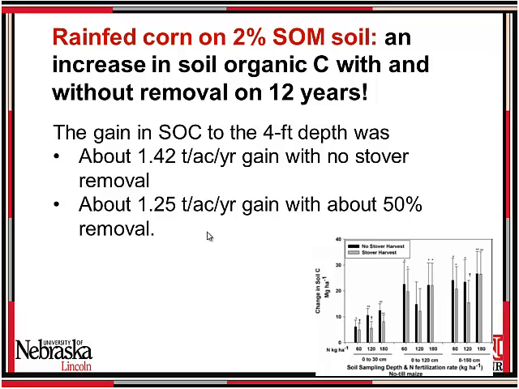What they observed after 12 years was an increase in soil organic matter, both with stover removal and without. They were taking about 50% of the stover off in this rain-fed situation.